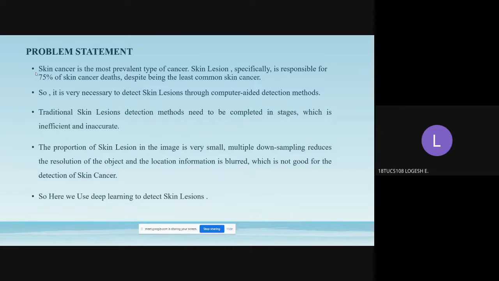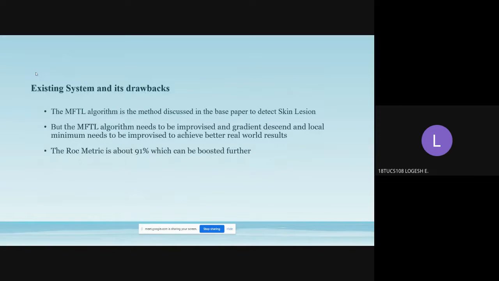So we try to detect the skin lesion by computer detection methods. We are using deep learning for that. In the existing system, in the base paper, they are using multi-view filter transfer learning to detect skin lesions, but it gives 91% accuracy, as mentioned in the base paper.